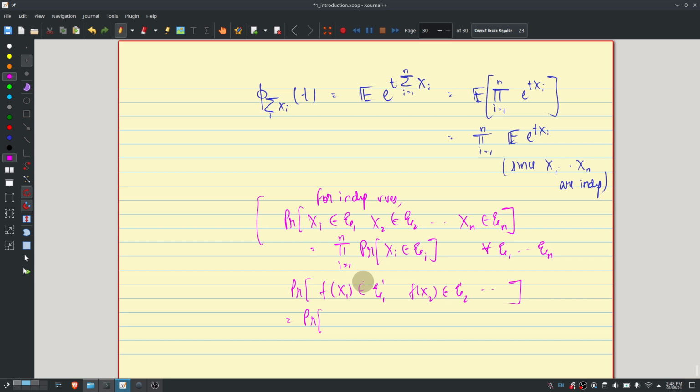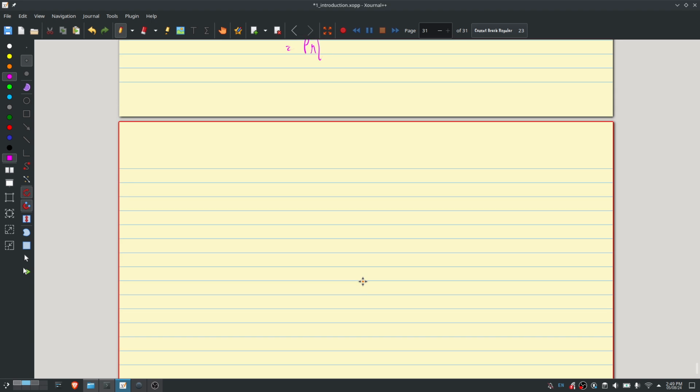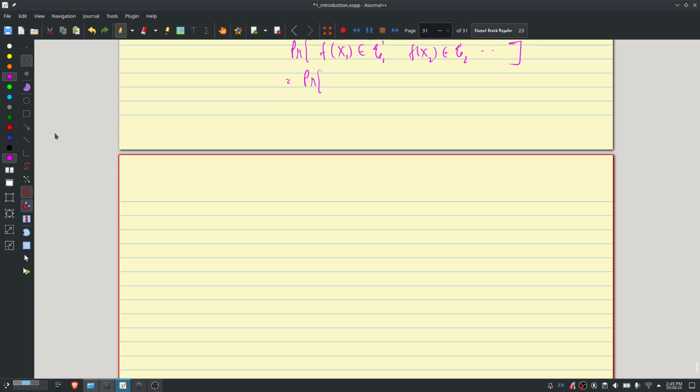So irrespective of what the function is, whether it's invertible or not, what do I mean by f inverse of E? It means the set of all points which are mapped to E. So f is a mapping from R to, let's say, R, right?